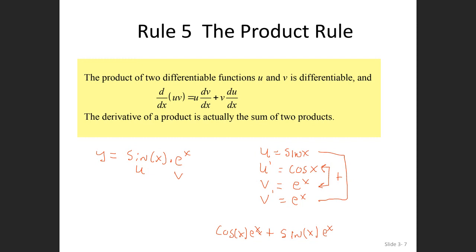If you take a look here, this would be u dv dx plus v, which is v here, and u prime. So it is the same thing as this up here. But once you realize that this is the whole case, and when we do the quotient rule, we follow basically the same rules. Okay? Any questions so far?